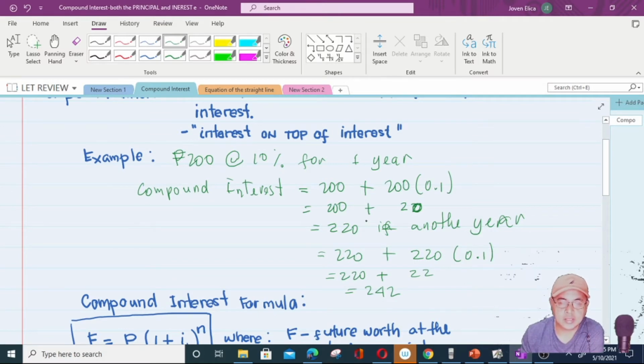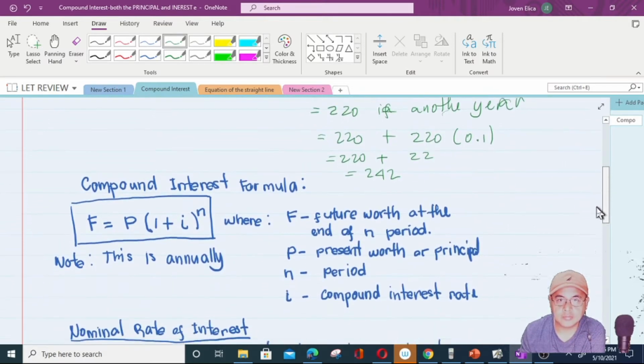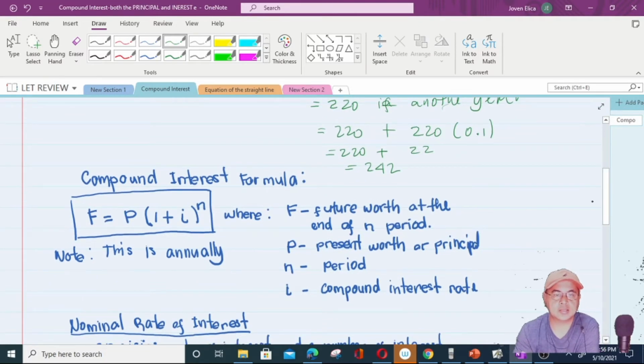The interest is being compounded every year, it depends on the number of years, the period that a certain borrower could be able to pay. Okay, so the formula for compound interest is actually expressed in this simple formula.